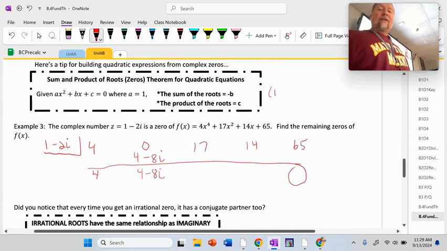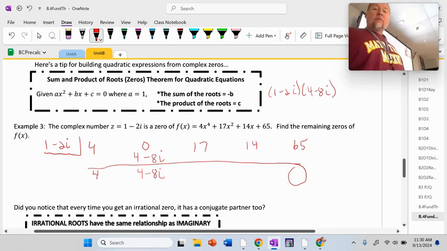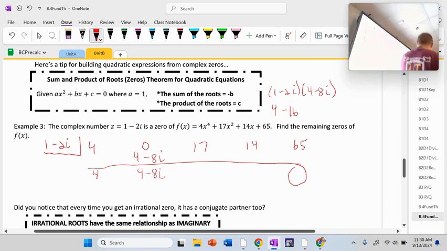You could literally type this exactly as it is on your graphing calculator and get that answer. But I'm a good foiler, which makes me a good factor. Negative 2, negative. This is 16i squared, which is negative 16. I did the i's. I did the negative 2i and the negative 8i.